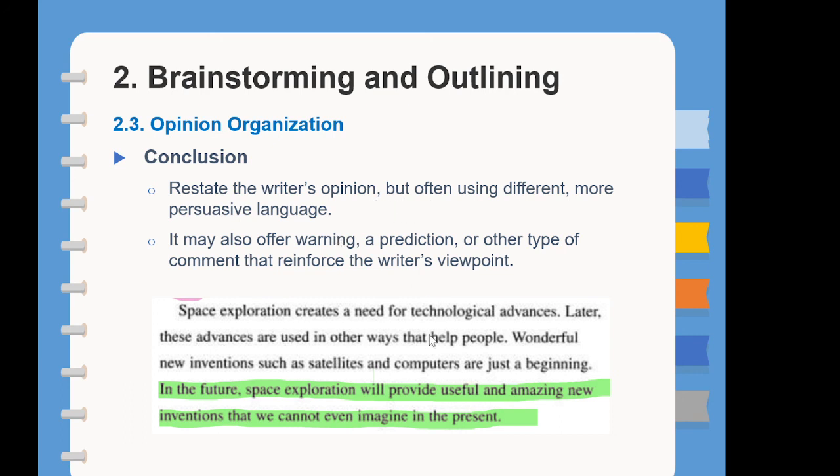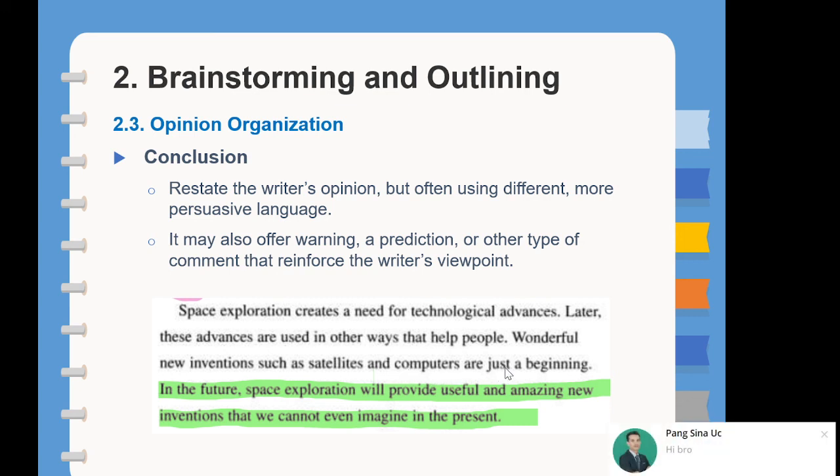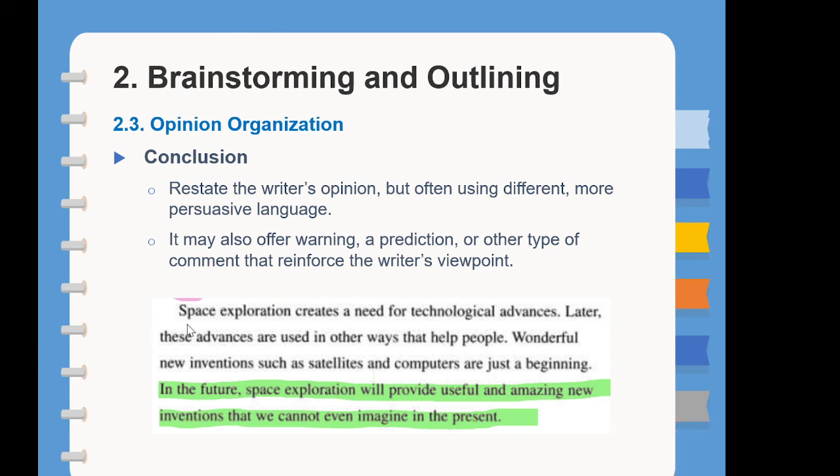You can look at the example here. Space exploration creates the need for technology advances. Later, discoveries are used in other ways that help people. Wonderful new inventions such as satellites and computers are just beginning. This is where you summarize your supporting opinion from the body paragraph, and then the final note.